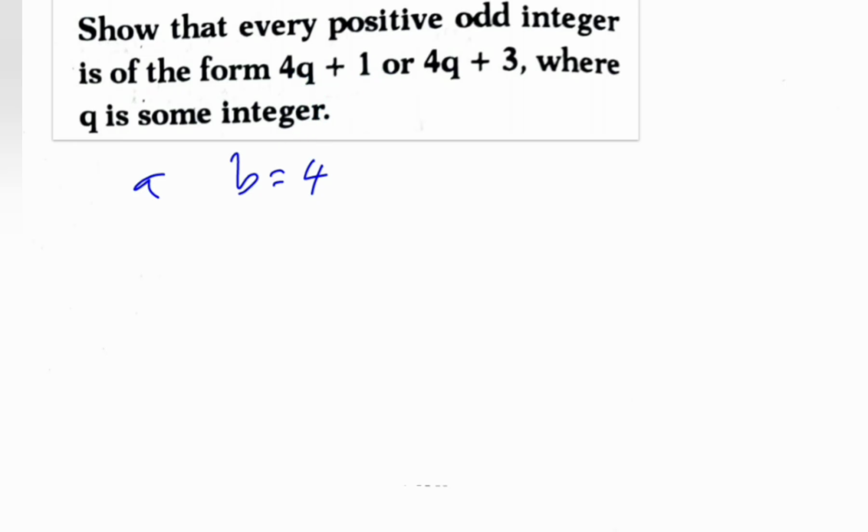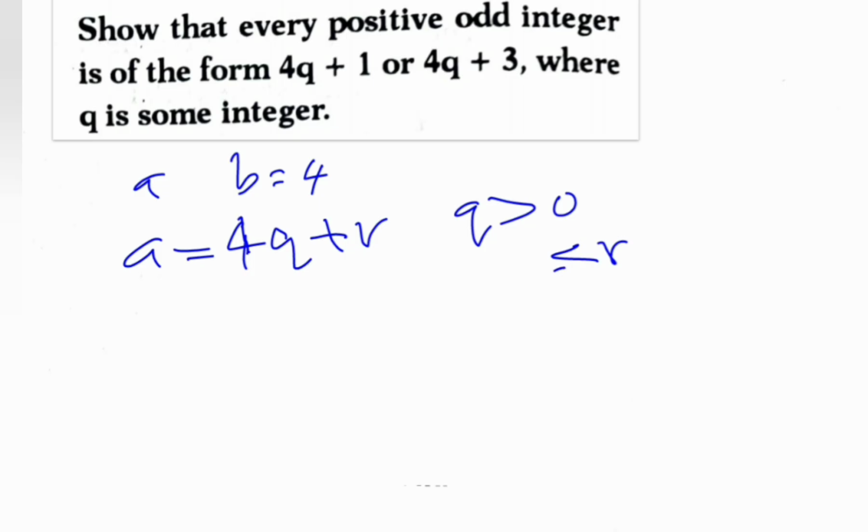Now we can write the division algorithm for this: a equal to 4q plus r, where q is greater than 0, and r lies between 0 less than or equal to r less than b.